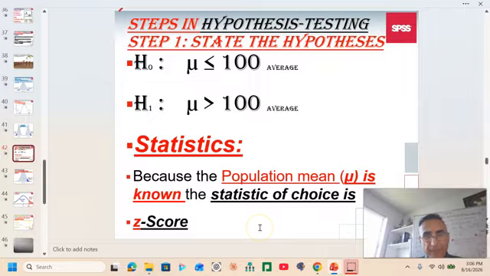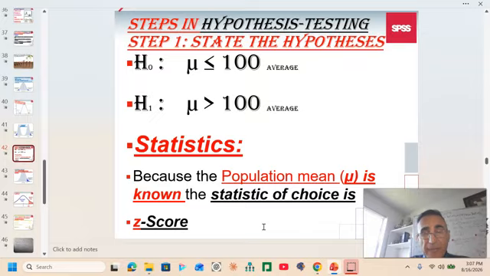Okay, because the population mean is known. If we know the mean for our population, whatever we test in them, like if it's IQ, we know the mean for IQ is 100. So what kind of test statistic are we going to use for this research? Z-score.